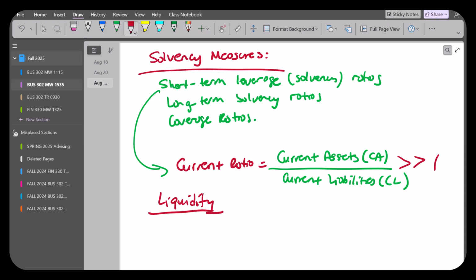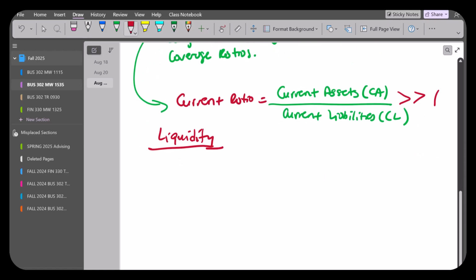For example, let's look at Walmart. Let's actually calculate their current ratio, total current assets divided by total current liabilities.